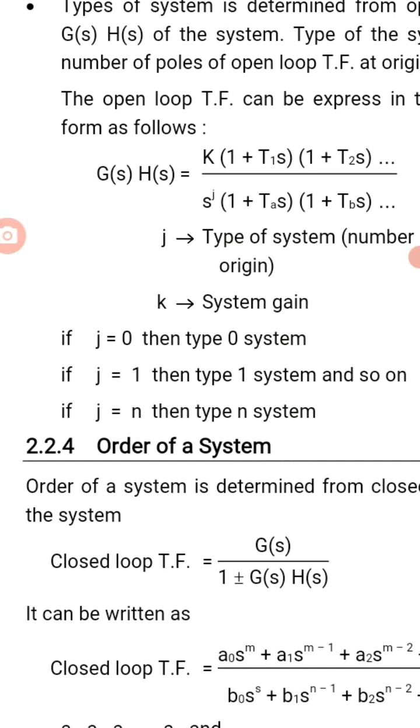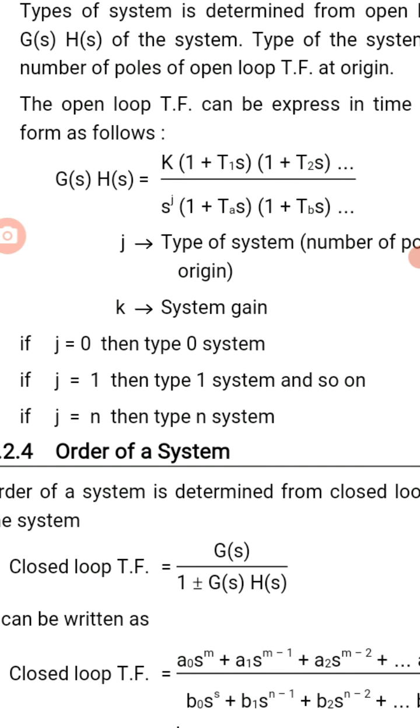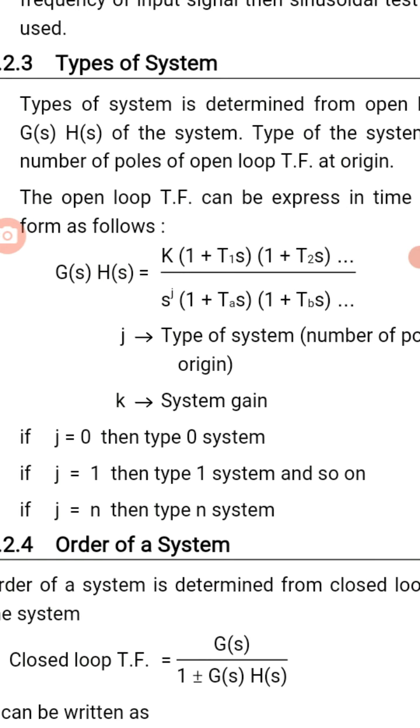If j is equal to 1, then it is a type 1 system, and if j is equal to n, then it is a type n system. Now the use of this type of system is for reducing steady state error.